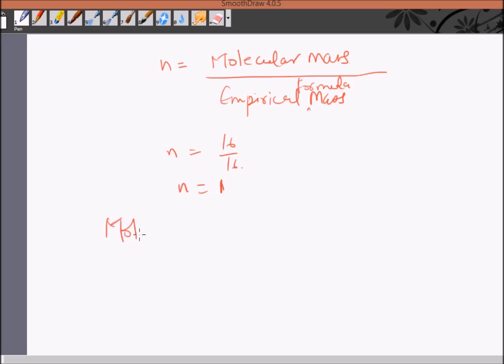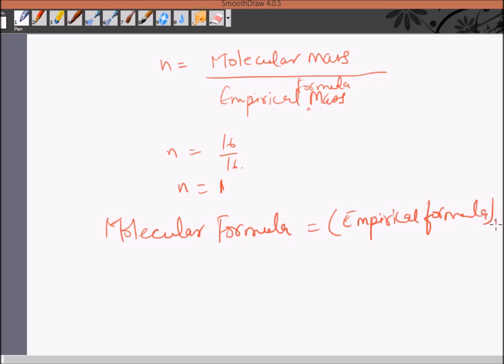So the molecular formula is equal to the empirical formula times n. Just put the values of n, we can get the value of the molecular formula.